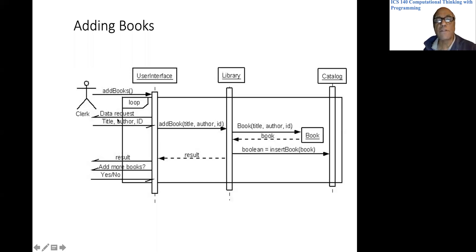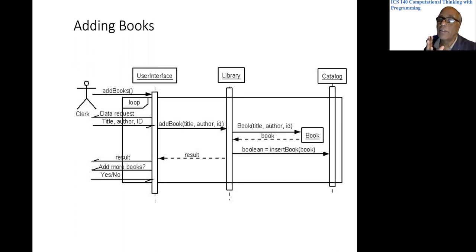The whole process of requesting the data, supplying the title, author, ID, all these method calls, returning the result, displaying the result, etc., are all put into this box here. And that is a loop. I can tell because there is this little indication in the top left corner saying this whole thing is to be repeated. It doesn't really tell what the terminating condition is.